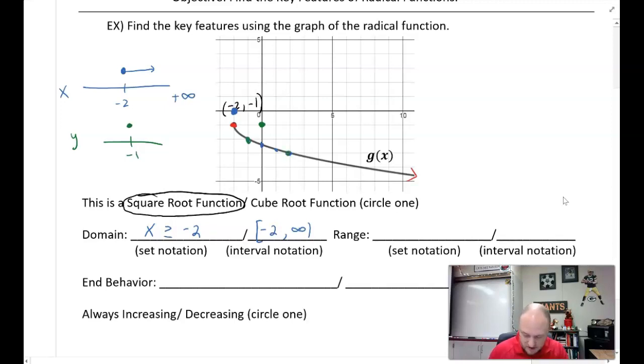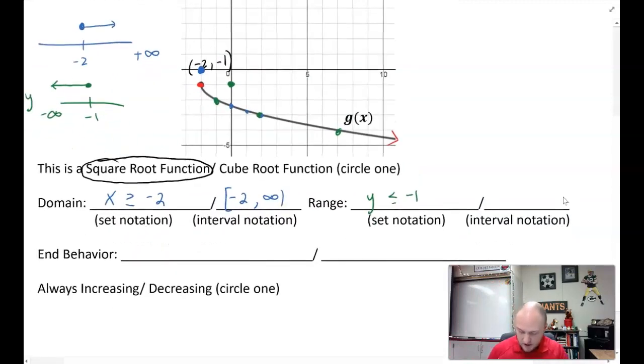This one here is -3. This y value here is -4. So they're getting smaller, or they're decreasing, I should say. And they're going towards -infinity. So that would be all of the y values less than or equal to -1. -1 in this case is kind of like the ceiling. And then for interval notation, you can kind of look at your number line here. We go from negative infinity to negative 1.